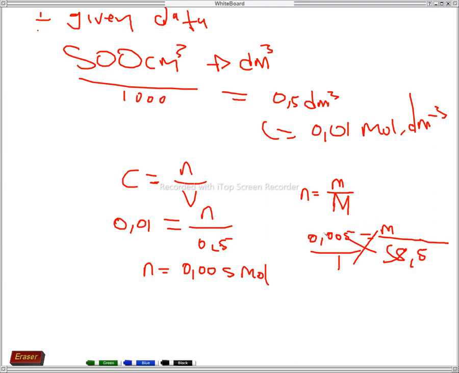Or you can multiply both sides by 58.5. 58.5 will cancel with 58.5, and then it's mathematics. So our m here is going to give us 0.29 grams of sodium chloride. So that was our question.